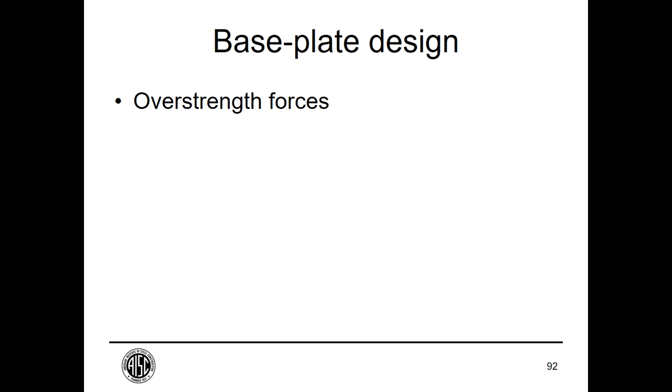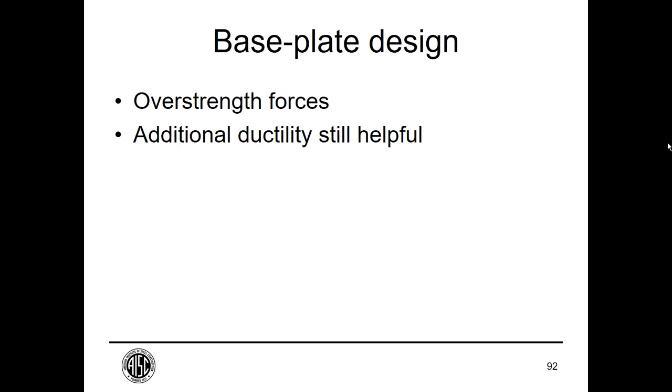All right, the overstrength forces will apply for reasons that we'll discuss as we go through the design. Ductility is still helpful. In a lot of cases where we design for overstrength forces, we think that because we've designed for overstrength forces, the member won't yield.